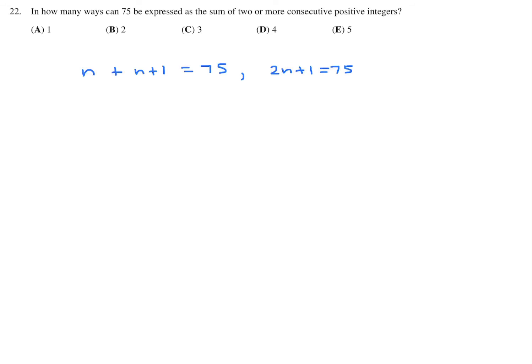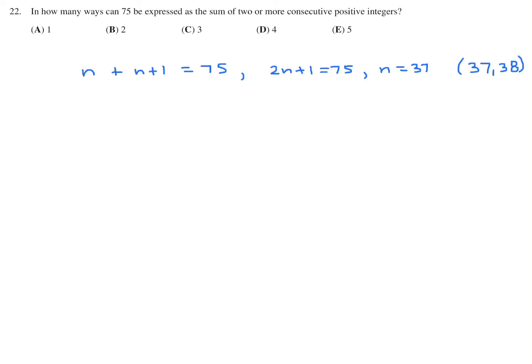And solving this, you would get n is equal to 37. So that means our two numbers would be 37 and 38. So that's one way of making 75 as the sum of 2 or more positive consecutive integers.